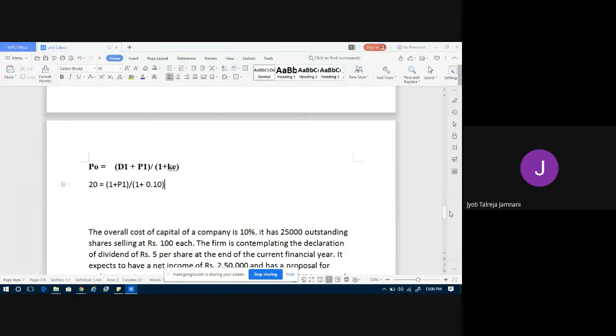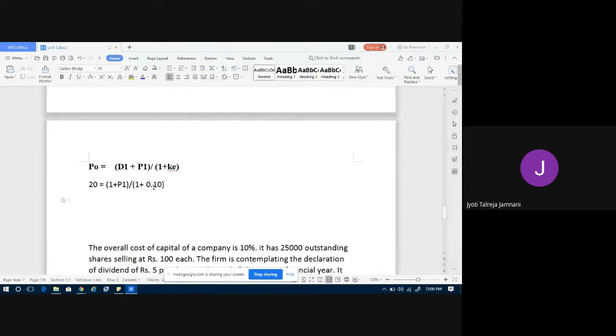And now if we solve this, we can take this 1 plus 0.10 to that side. 1 plus 0.10 is 1.1. If we take 1.1 to that side, it will become 20 into 1.1, because division going to the other side of the equal to sign will become multiplication. So 20 into 1.1 is equal to 1 plus P1.